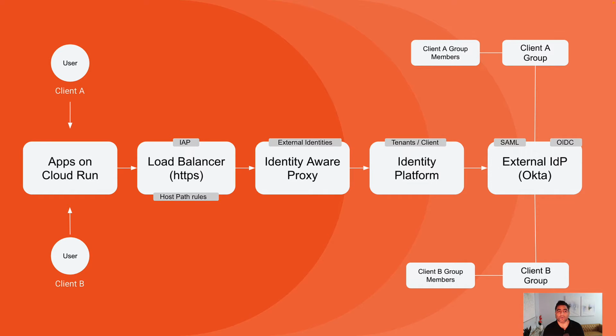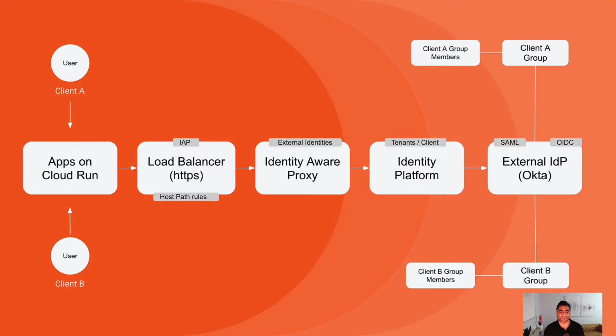This way, when client A wants to access private pages, they will need to go via Okta, and they should be able to access the Cloud Run application if they are a member of the client A group, because that's where we will be defining the authorization in our SAML or OpenID Connect application. So this is the high-level solution that I'll be working on in this video.